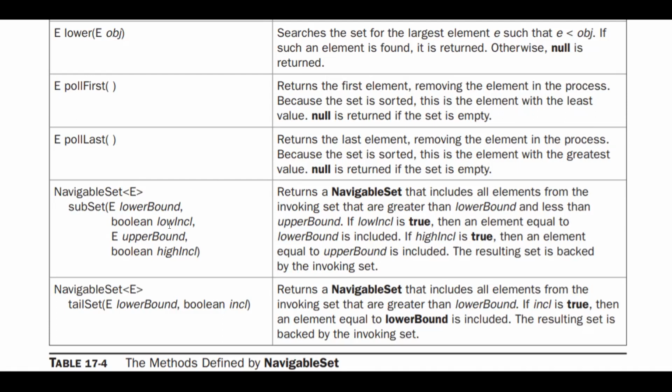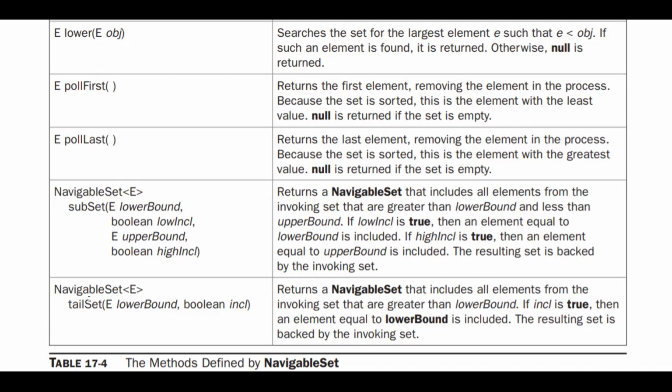If these boolean flags are true, then both the bounds will be included, if at all an element is present matching that particular value. If the flags are different, then those can be left out also. So this is the method to extract the subset of a navigable set.